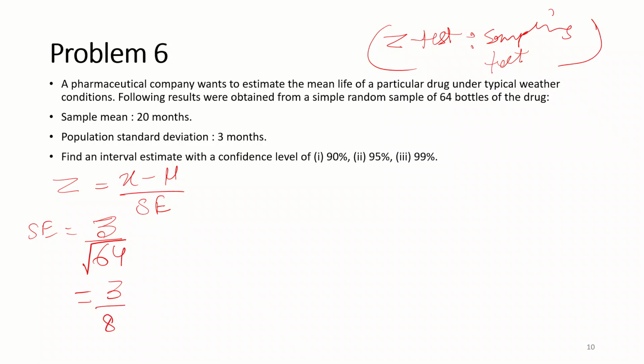Then z equals the sample mean, 20, minus mu, divided by 0.375.